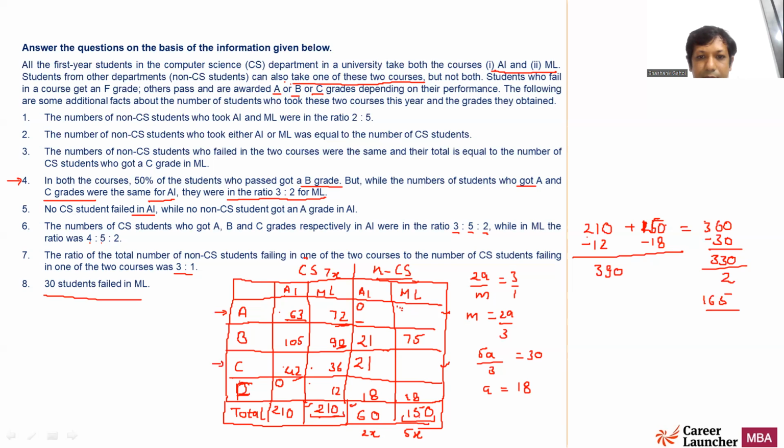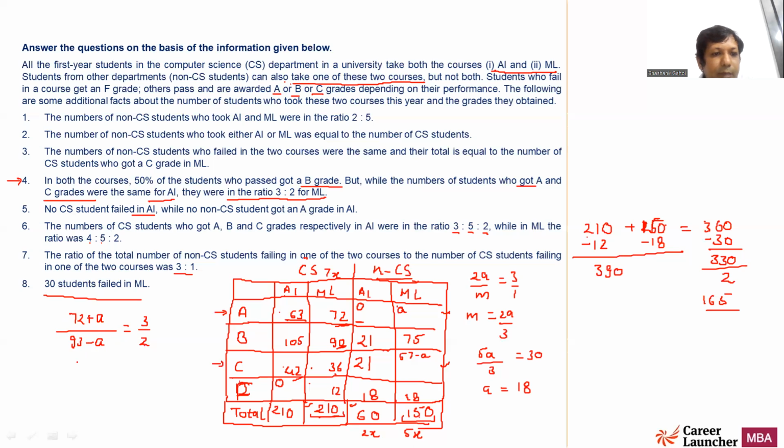So let's say this value is A. This value comes out to be 57 minus A. Total in ML are 72 plus A. Total in grade A is 72 plus A, and the total in grade C is 36 plus 57. So this comes out to be 93 minus A, and this ratio is equal to 3:2.